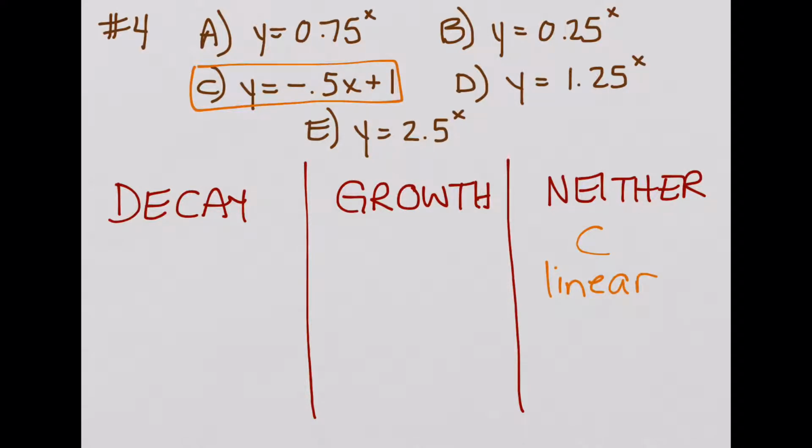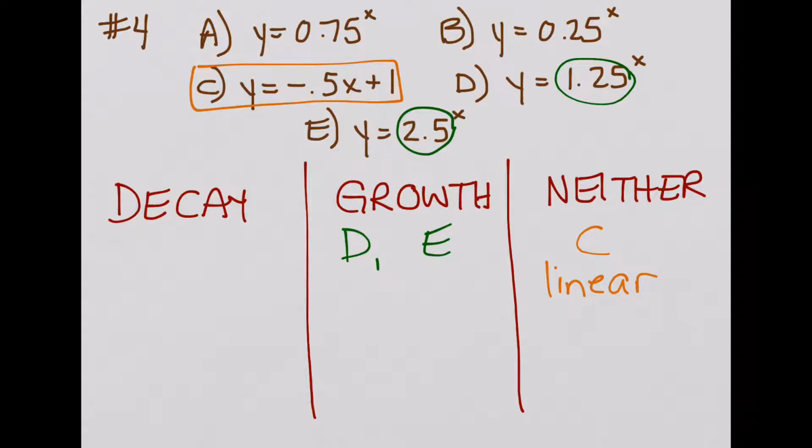And so now let's look back at the 4 that we have left. And remember that if it's growth, then it's going to have a factor greater than 1. If it's decay, it will have a factor less than 1. So growth, I see a factor greater than 1 here and here. So it looks like D and E are growth. And then we were supposed to give the growth factor for each equation.